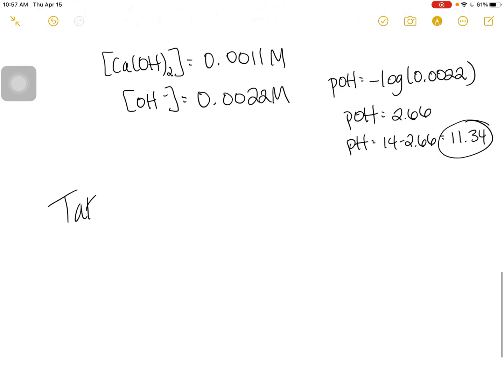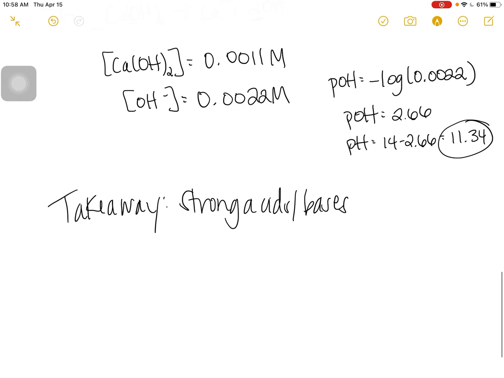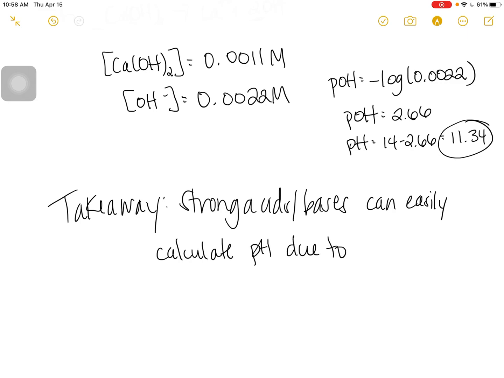So if we had to put a takeaway statement here, it's that with strong acids and bases, we can easily calculate pH due to the 100% ionization.